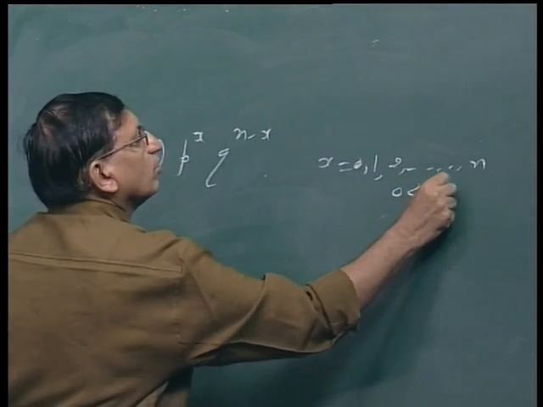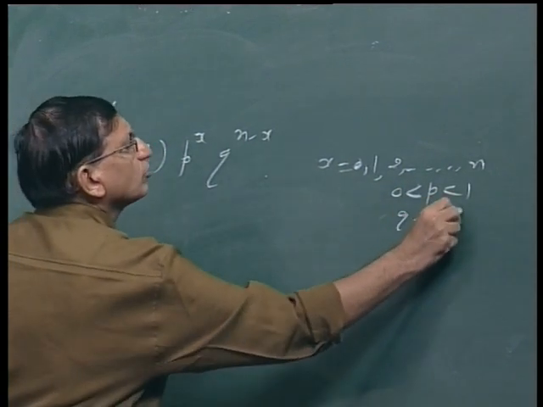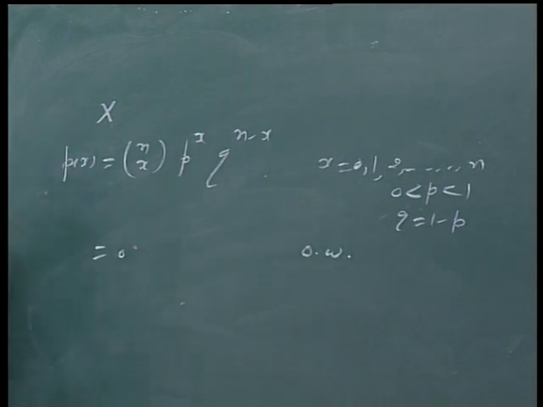Remember that this probability P lies between 0 and 1, and Q is equal to 1 minus P, and 0 otherwise.